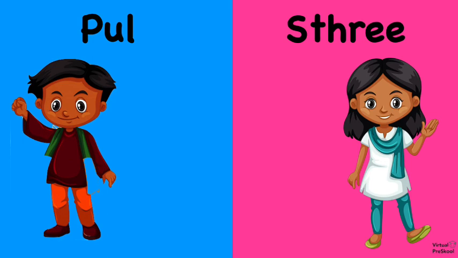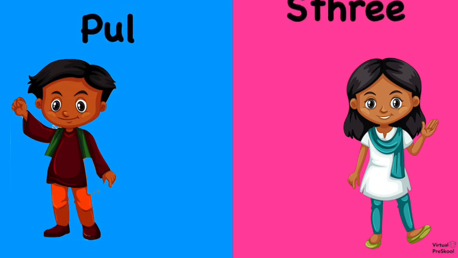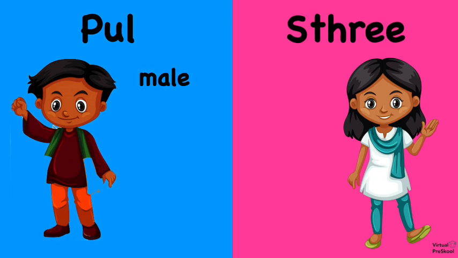The pull category is the male category, and the stri category is the female category. So there are these two categories, and again, every single noun falls into one or the other.